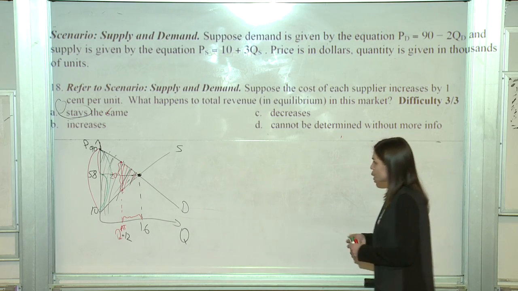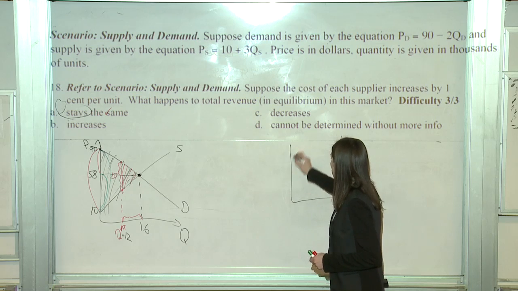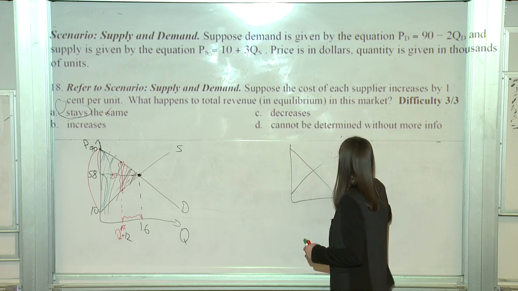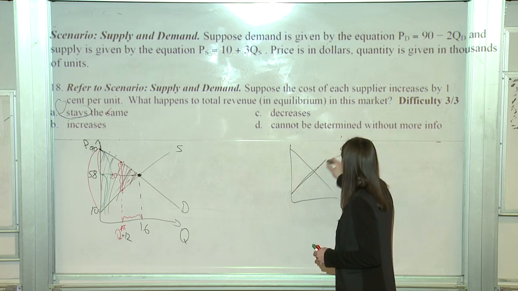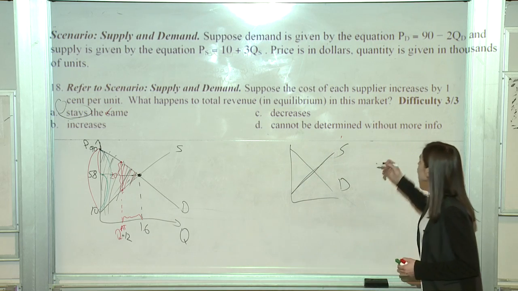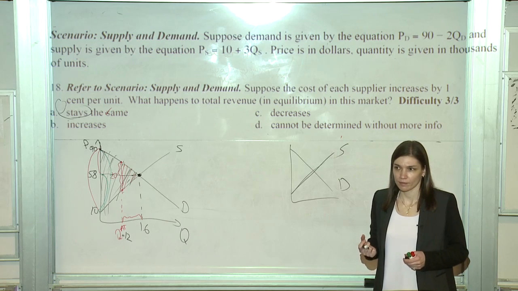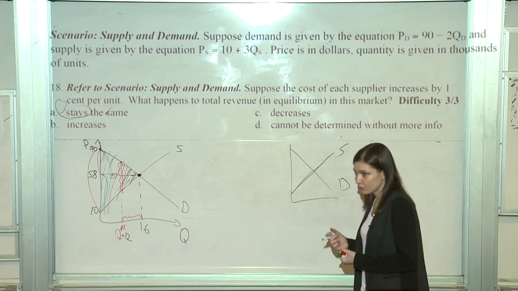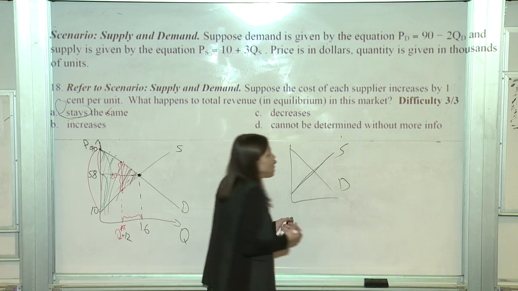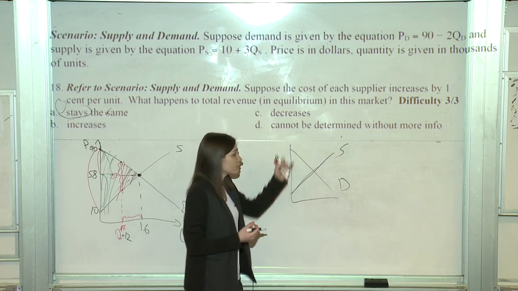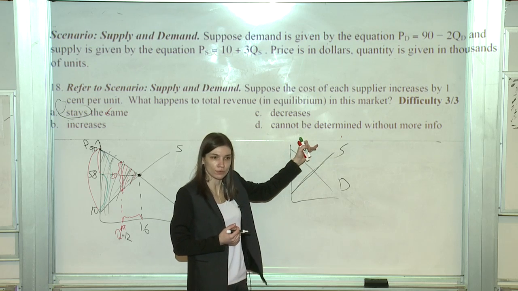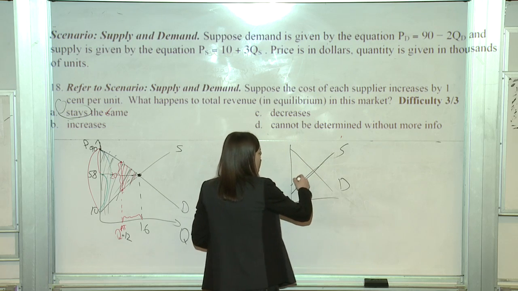So again, if we draw the picture, supply, demand, what changes? What happened here? The cost of each supplier increases by 1 cent per unit. So the cost increases, supply decreases. Because it's more expensive now to produce the good, we're going to produce less of it. That means a decrease in supply, which is a shift to the left.